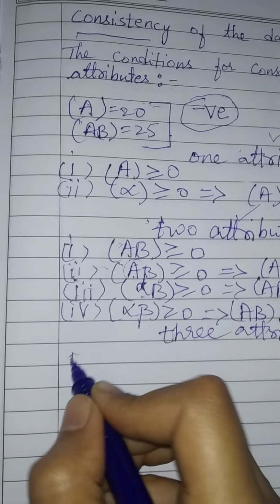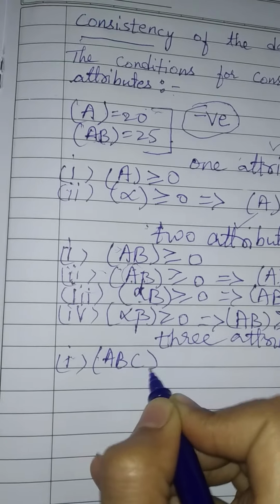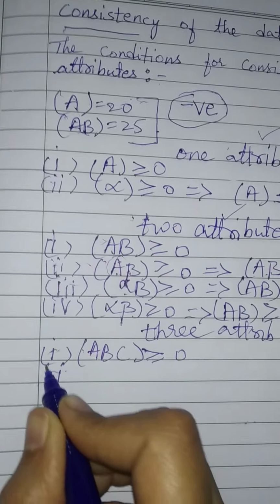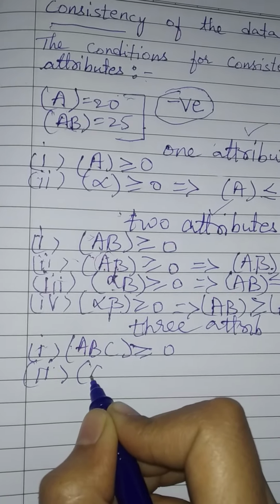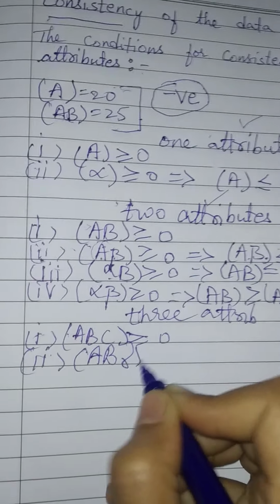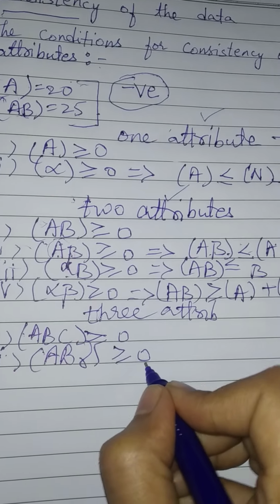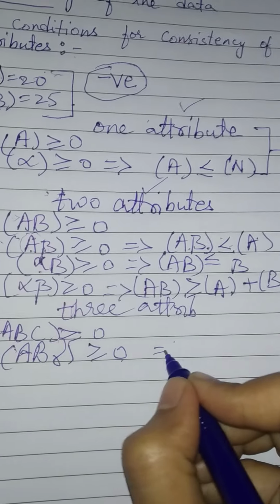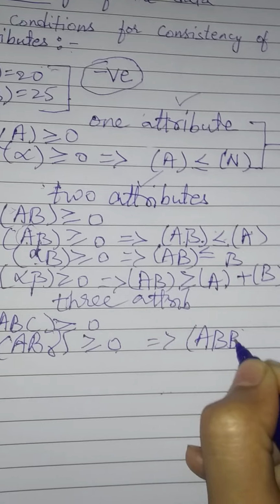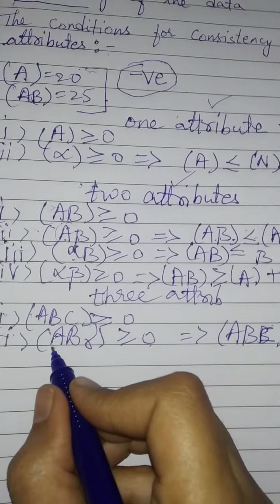Three attributes. The first one is ABC greater than or equal to 0. Then the second one is A, B and gamma, alpha, beta, gamma greater than or equal to 0. If you are writing alpha, beta, gamma greater than or equal to 0, then it will be implied as ABC less than or equal to, we are left with AB, no?